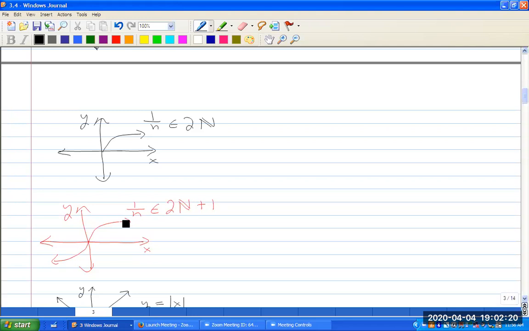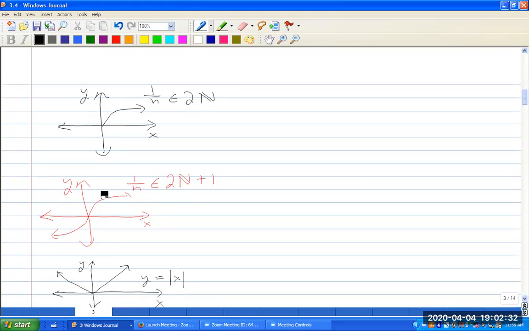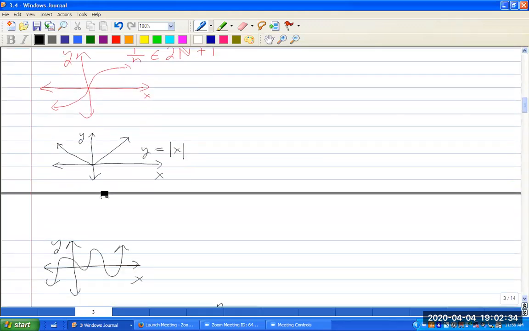Well, what you notice is this is just a reflection about the line y equals x of y equals x to the n, where n was odd. Okay, we could do some more of these where it's y equals x to the p over q, but those become more difficult. So I'll just leave it as you should know these power functions.